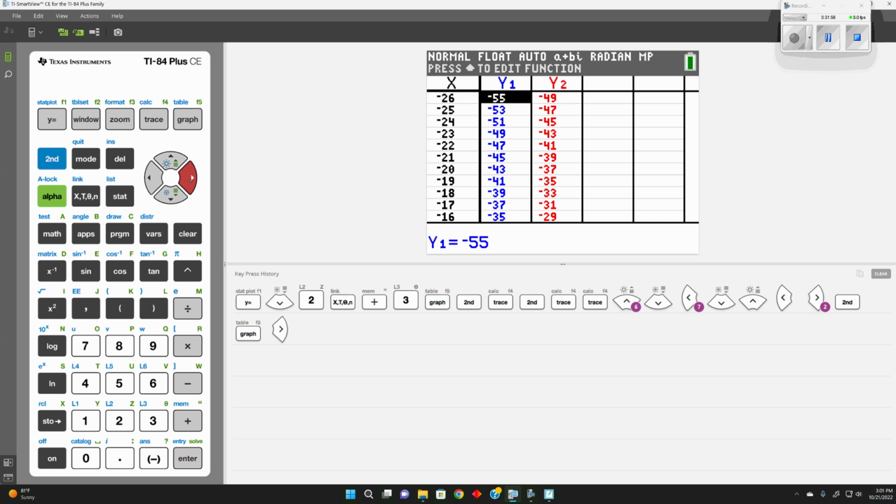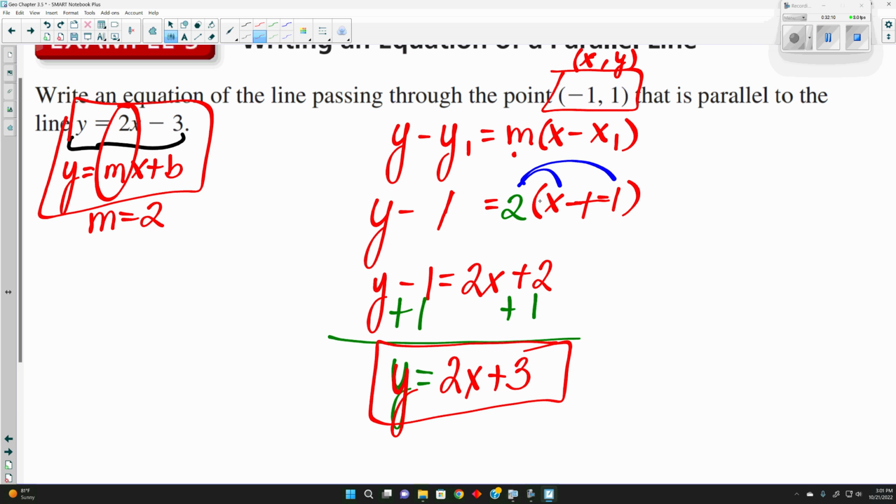And for the second line, I'm going to have to get back to it. Desmos would have been a little bit easier to use with this here. X value is -1, Y value is 1. So what we have is the graph.